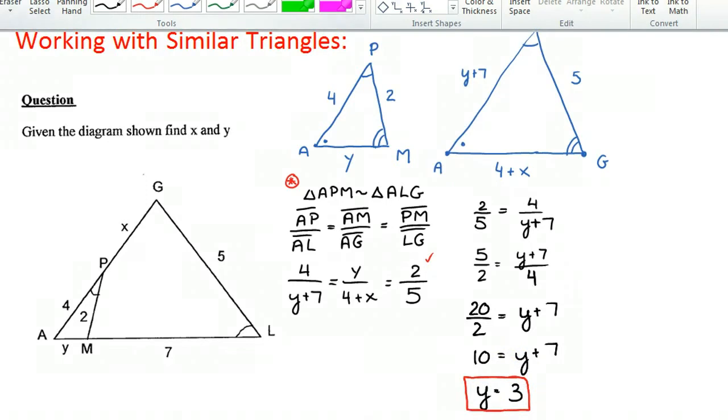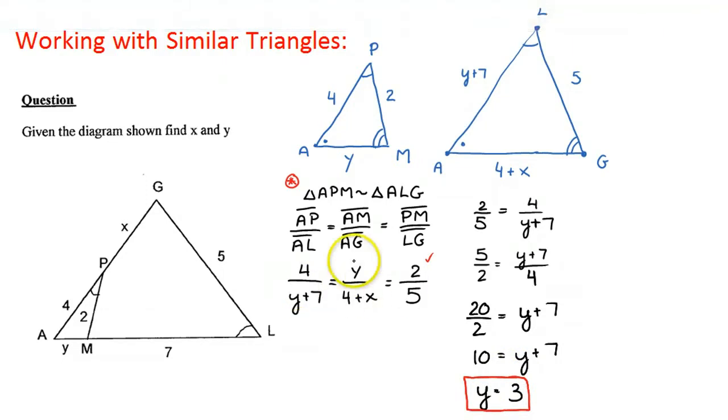So now, if I go back to my original ratio setup here, I see the other case I had was 2 over 5 is equal to y over 4 plus x. So again, if I had picked this pair first, I would have run into the problem that I can't solve this. But since I now know y is 3, I can substitute in. So 2 over 5 is equal to 3 over 4 plus x.